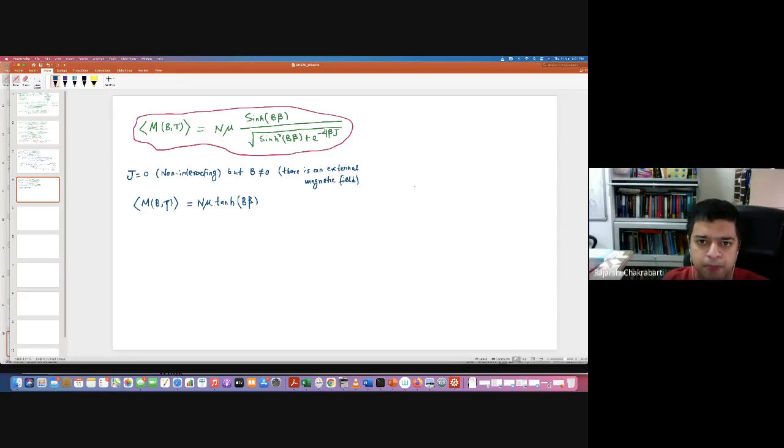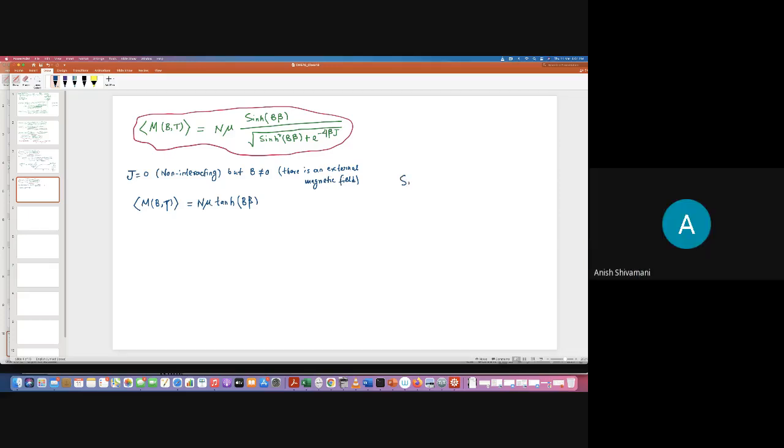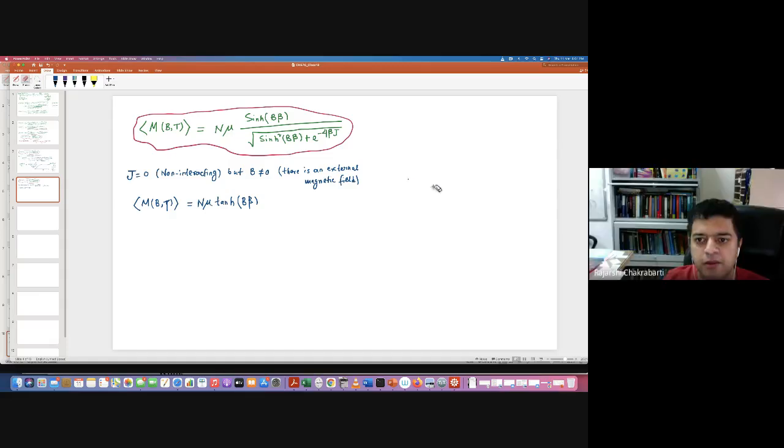Because 1 plus sine hyperbolic square is cos hyperbolic square. Sorry, let me write it properly. I'm giving you all the notes so that when you go and read, you can see everything.